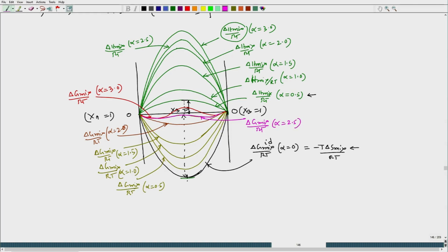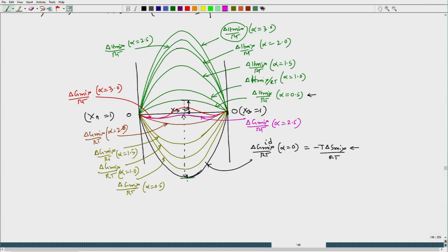Now, interestingly, we could see that as the alpha value is increasing at a particular temperature, the delta Gmix by RT plot, initially at a lower value of alpha, the curve was convex downward.